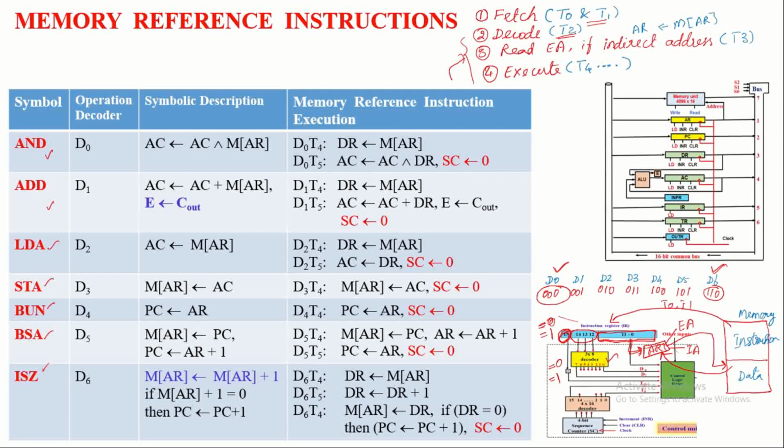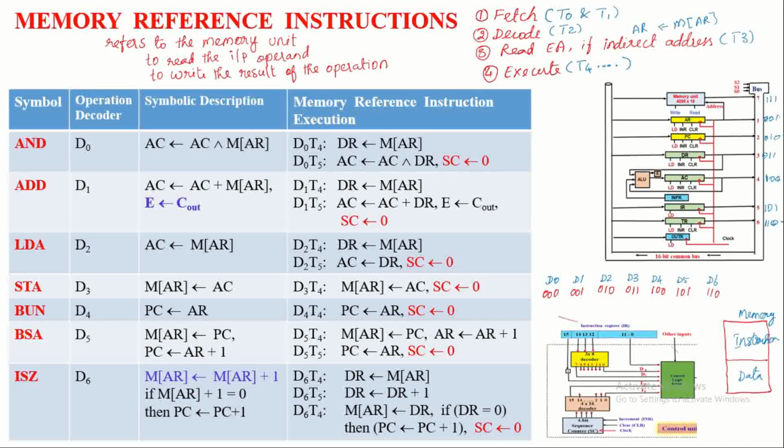Now, at the end of timing signal T3, the address register will be holding the effective address of the operand. This phase is applicable only for the memory reference instruction which contains the indirect address in its address part. After this phase, the instruction execution shall start when timing signal T4 is active.